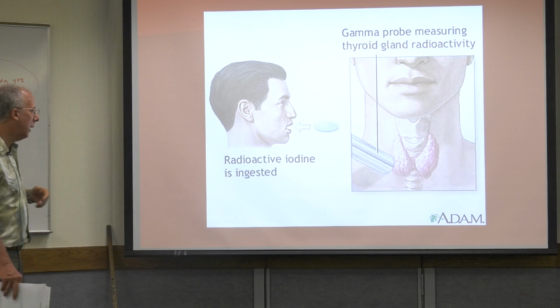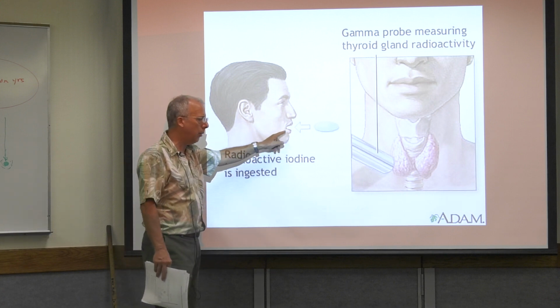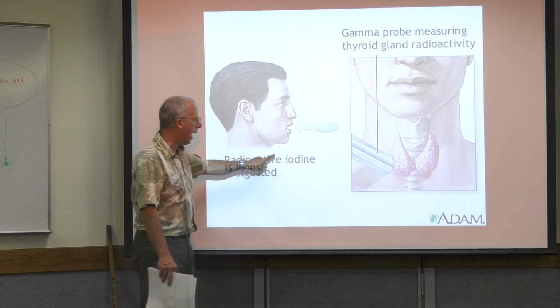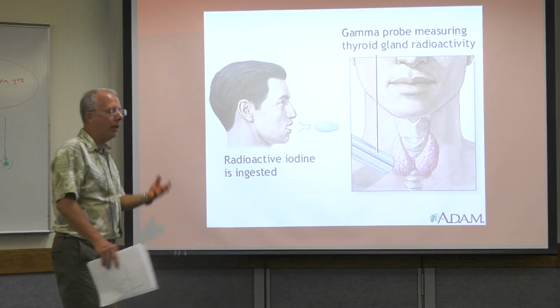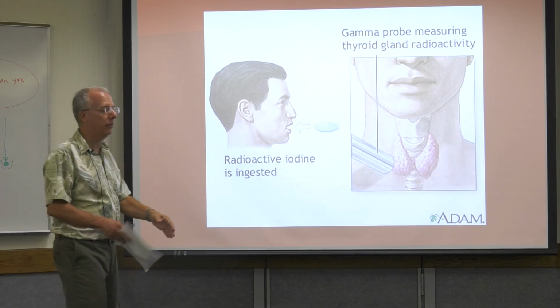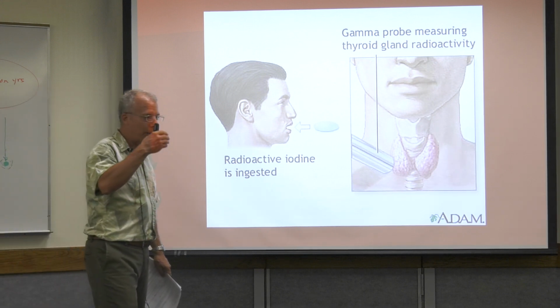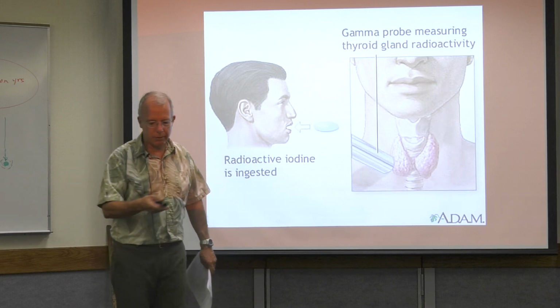So what they do is, I think it's liquid or a capsule, you ingest radioactive iodine. You ingest iodine 131. Now, come on. You're ingesting I-131, so you're becoming radioactive. That means your sweat is going to be radioactive. When you go to the restroom, your pee is going to be radioactive, et cetera, et cetera.